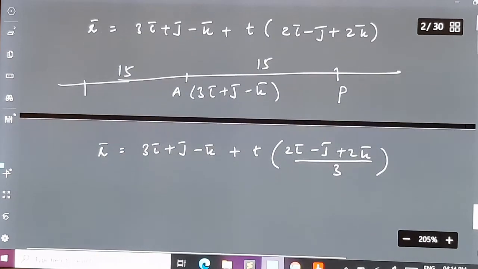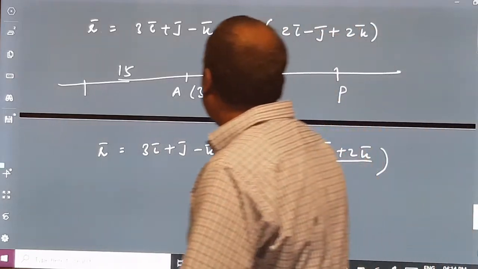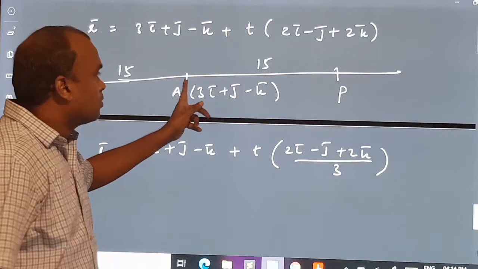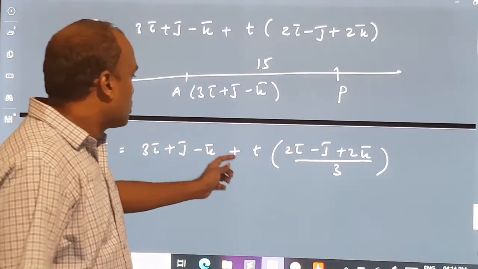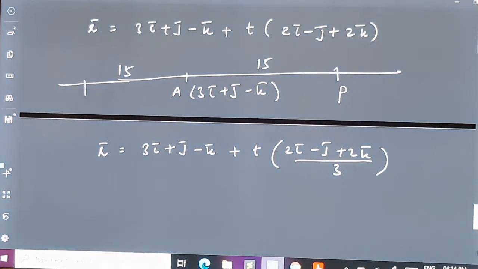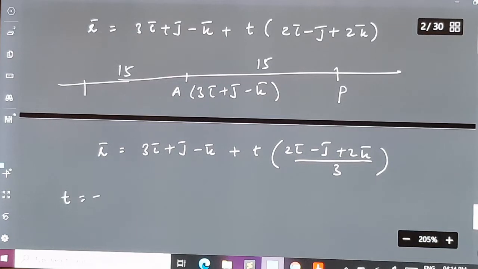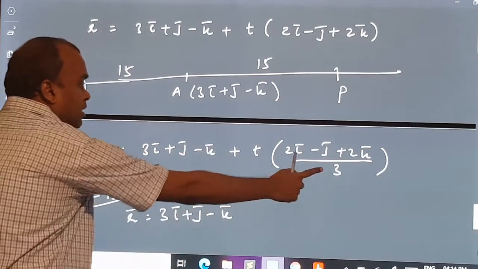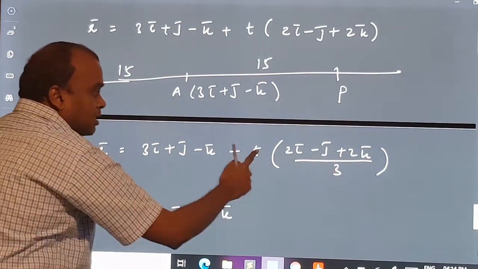Now, this being a unit vector, whatever value of t you give here, you get the point that is at a distance of that many units from A. If I give t equal to plus 15, I'll get a point lying on one side, and with minus 15, you'll get a point lying on the other side. For fun, I'll give t equal to minus 15 and I'll get R bar equal to 3I bar plus J bar minus K bar, and in place of t I write minus 15. I cancel things here and get minus 5 after cancelling 3.